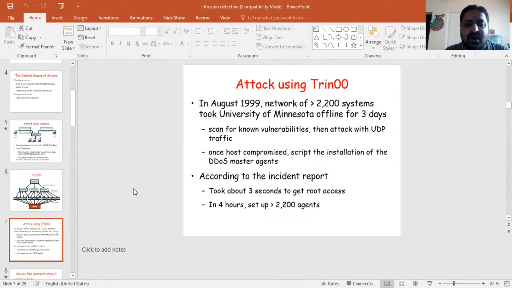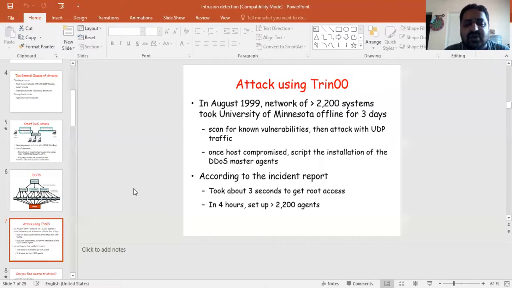Now, an example of a distributed denial of service attack is the Trinoo attack. It was launched in August 1999. It infected more than 2,000 systems.